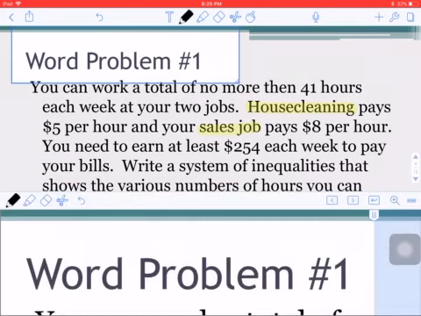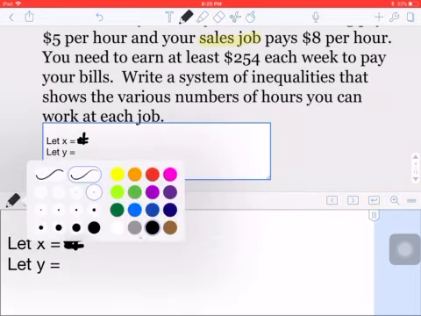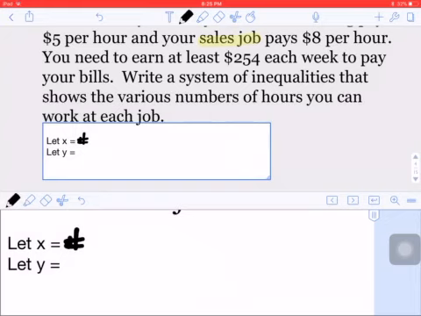I'm going to make my little box. We're going to say let x equal the number of hours, because when we're talking about jobs, we work a certain number of hours. Number of hours house cleaning.